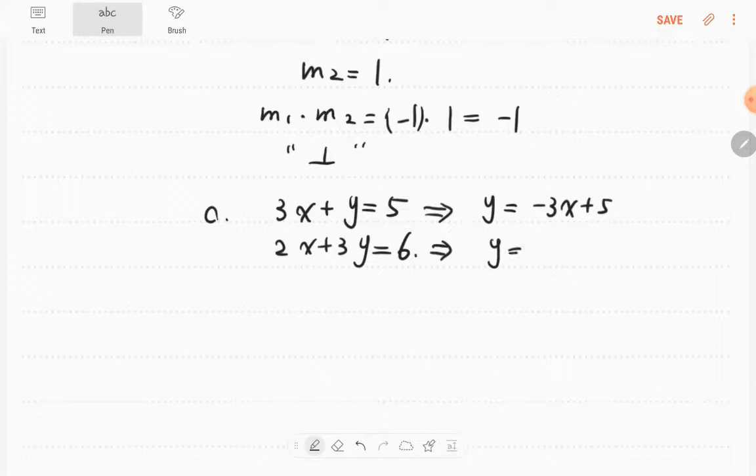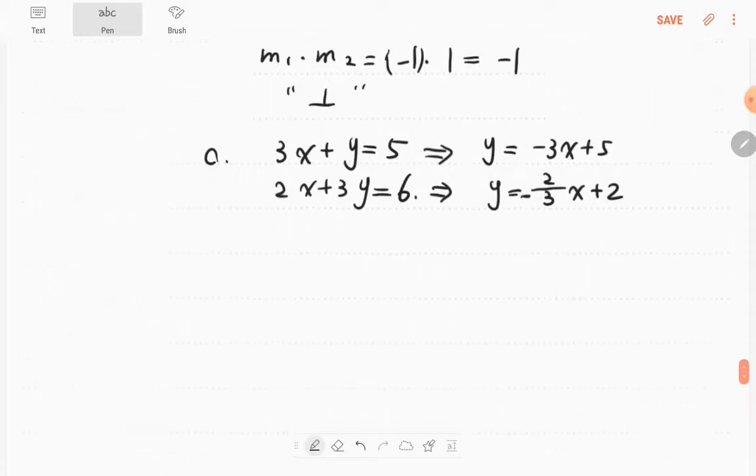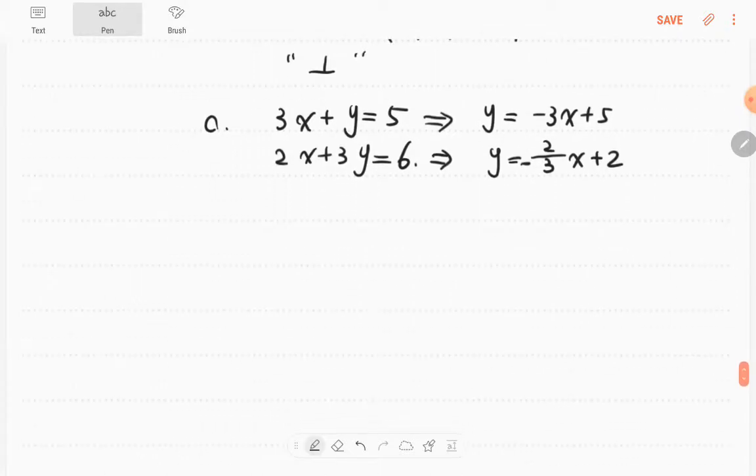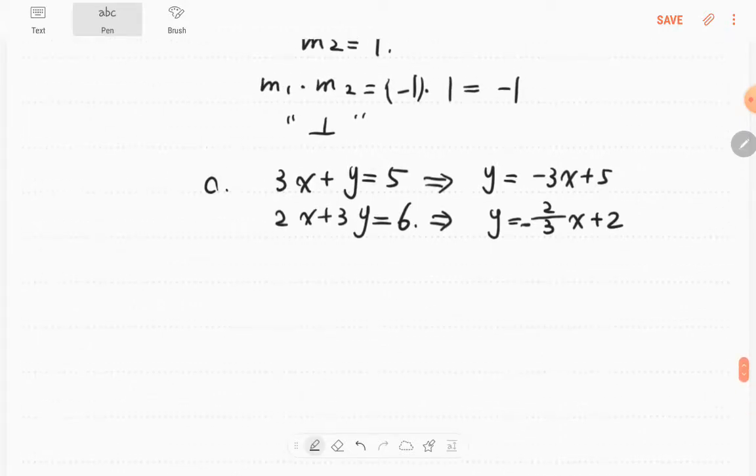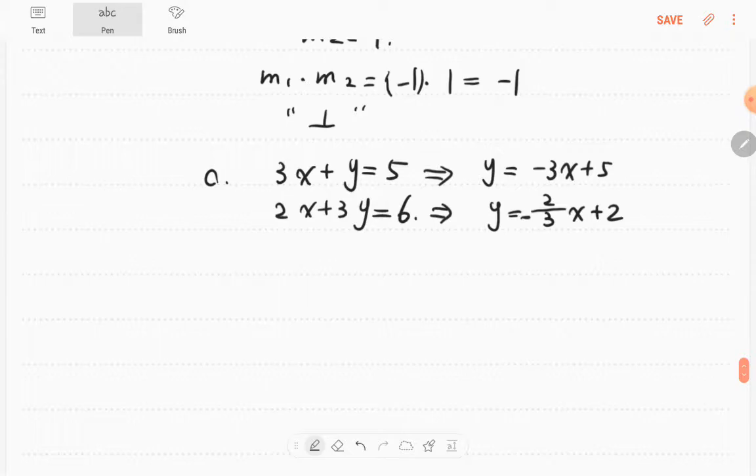And this one, we will get negative as our slope-intercept form, where we just solve for y.